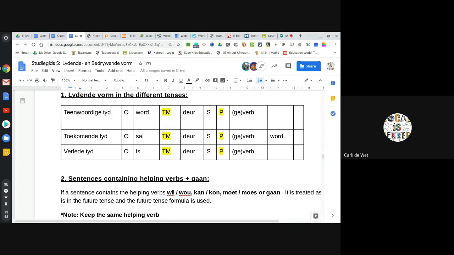En dan verlede tyd is a funny one, because traditionally in verlede tyd we use the word het, but here, as you can see, we use the word is. So for every het, you change it to is. Whenever you find het, you change it to is, which is very ironic. So usually if we do this in class, while we learn the formulas, when we do the past tense, we would walk backwards.